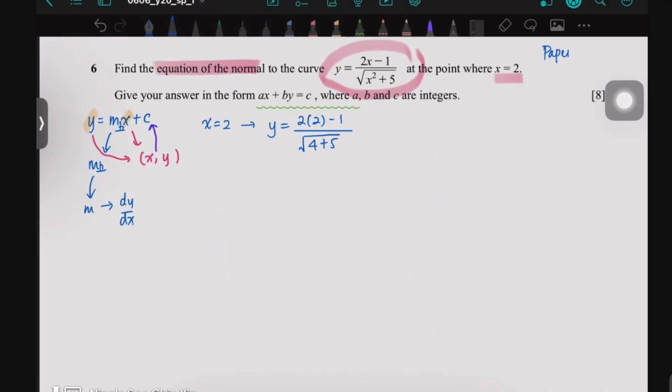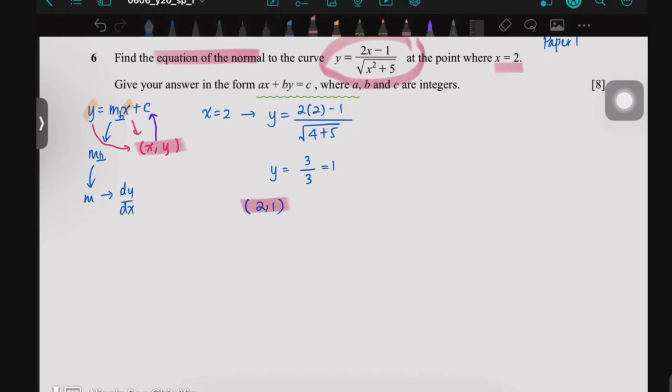So y equals 4 minus 1, 3 over square root of 9, which is 3. So basically my point I get is (2, 1). I got my answer for the first part. See or not? Sometimes my highlighter has the same color because I want you to relate to the same thing. Okay, done. We're going to work out my dy dx.